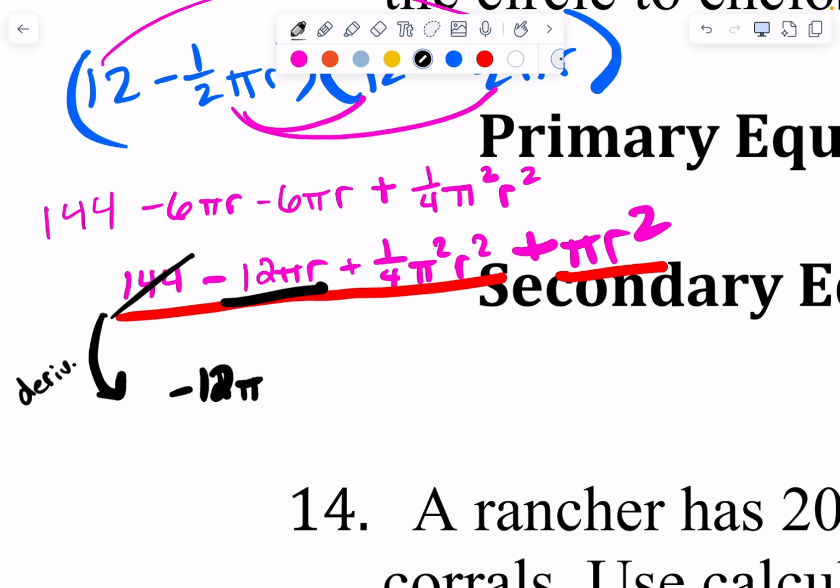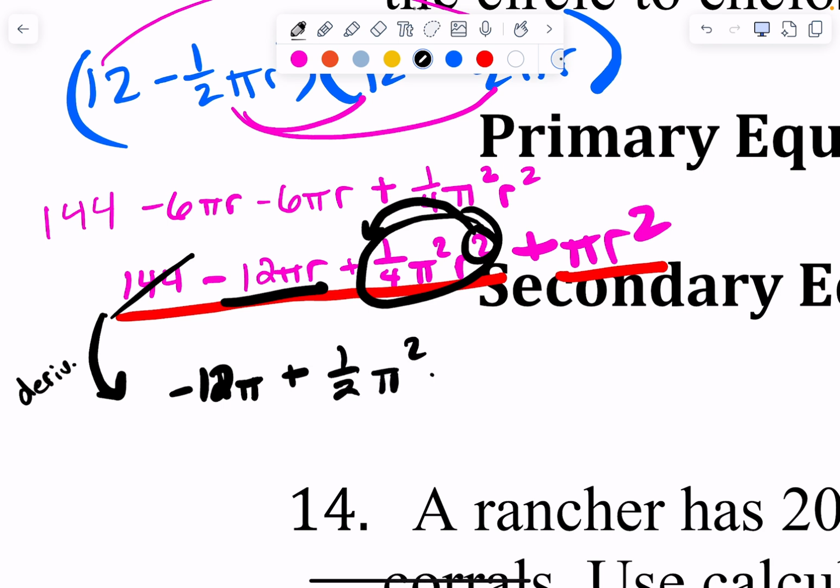R just goes away. Plus this guy, I'm going to take the 2 and move him down in front. So 2 times 1/4 is 1/2, you're right. Pi squared r, plus, this is a power rule again, so bring the 2 down in front, 2 pi r, right? Oh, good golly gosh.